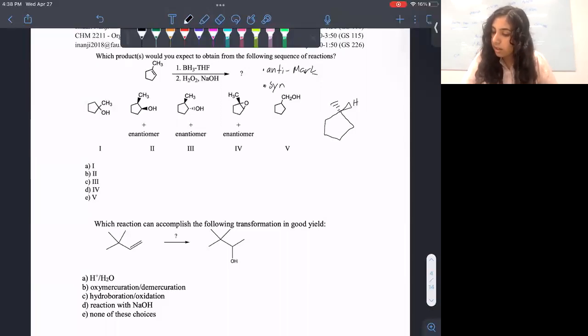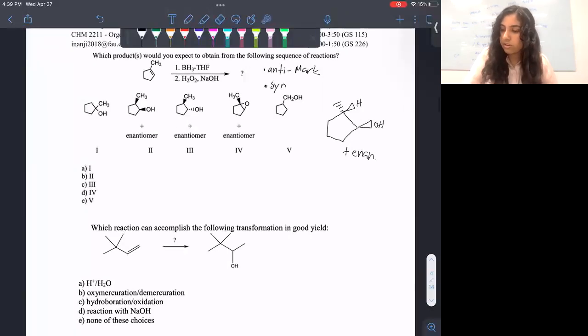And then the alcohol gets added also wedged or dashed. You get that plus the enantiomer. So syn addition, H and OH on the same plane, and then the methyl gets pushed to the opposite stereochemistry. So if it started wedged, it ends dashed, and if it started dashed, it ends wedged.